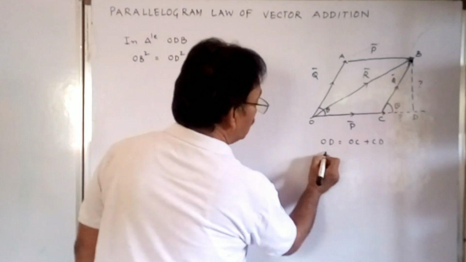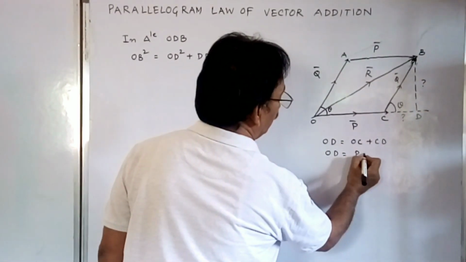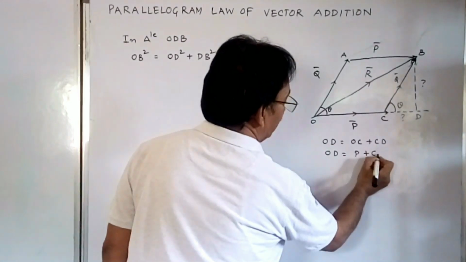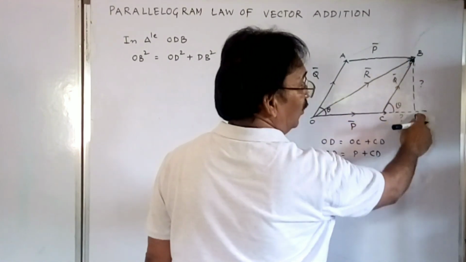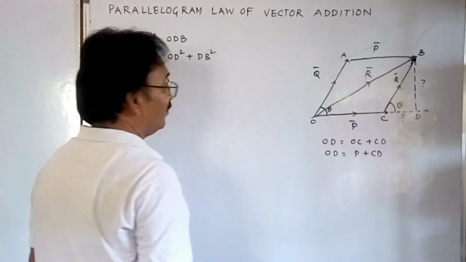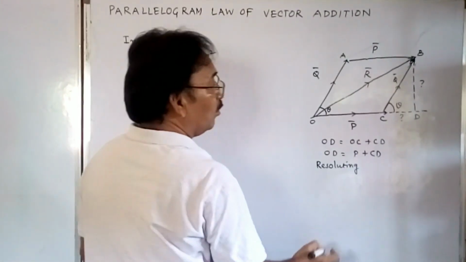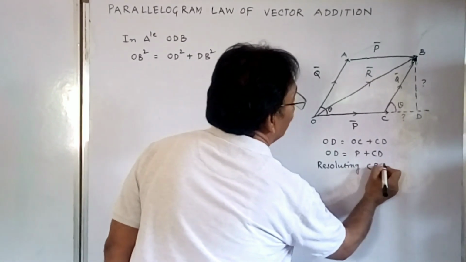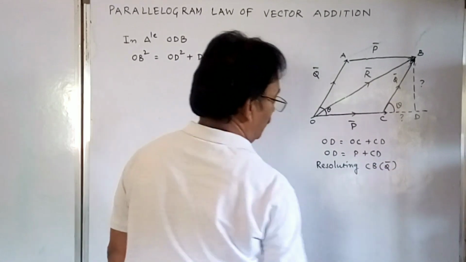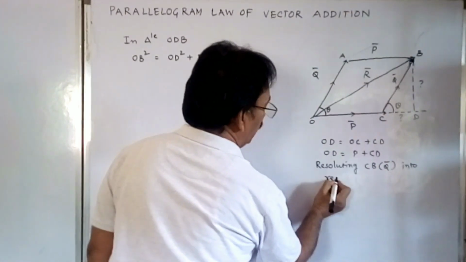OD can be written as OC is equal to P, plus CD. Now we are using the process of resolution of the vector. Resolving CB, that is Q bar, into rectangular components.